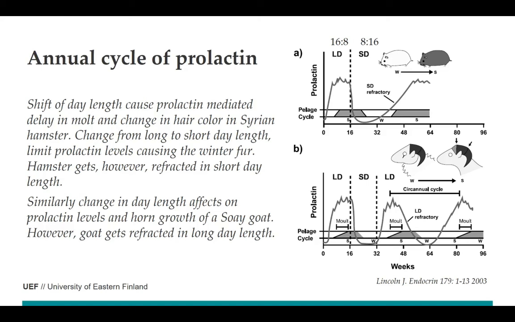So the prolactin levels go down, and a little bit later up again. So there is a circannual cycle in these prolactin levels if these animals are kept in long daylight all the time.